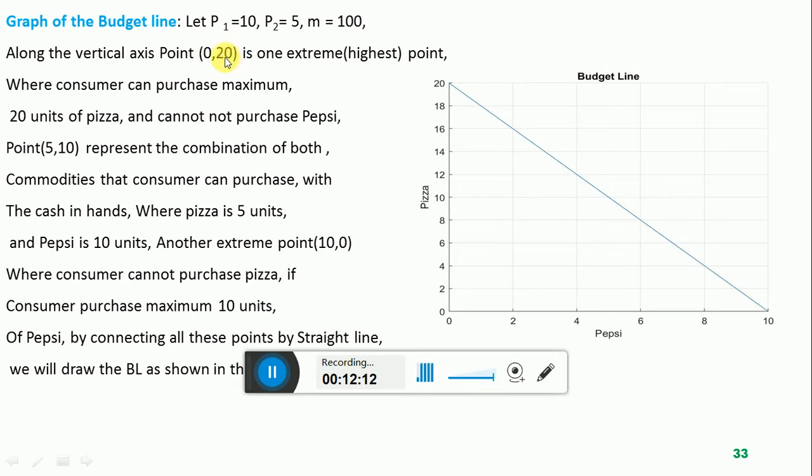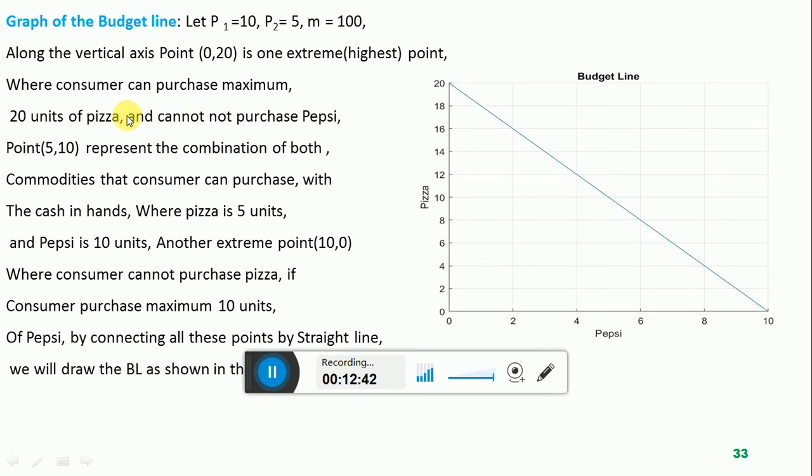With the money in hand, 100 Afghani, the consumer can purchase a maximum of 20 pizzas, and this is the intercept point, 20 pizzas with 0 Pepsi. This is one extreme point. With this 100 Afghani, the consumer cannot purchase more than 20. This is the highest point along the vertical axis.